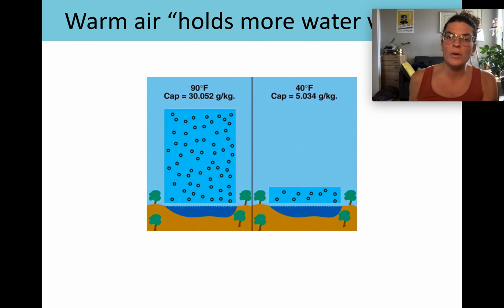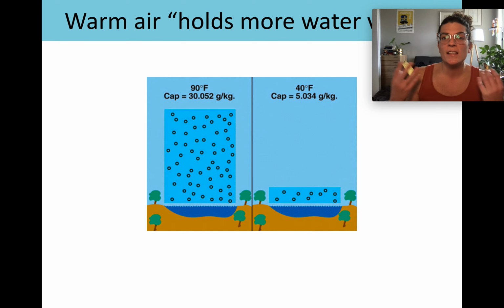Now let's look at the 40 degree parcel of air. Now let's say the 40 degree parcel of air is also 100% saturated with water vapor. It contains as much water vapor as it can possibly hold. Because it is significantly cooler, it can actually only hold 5 grams for every kilogram of air.